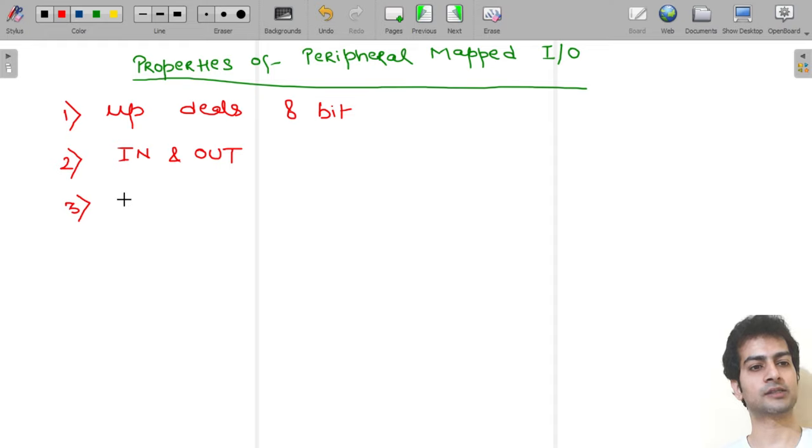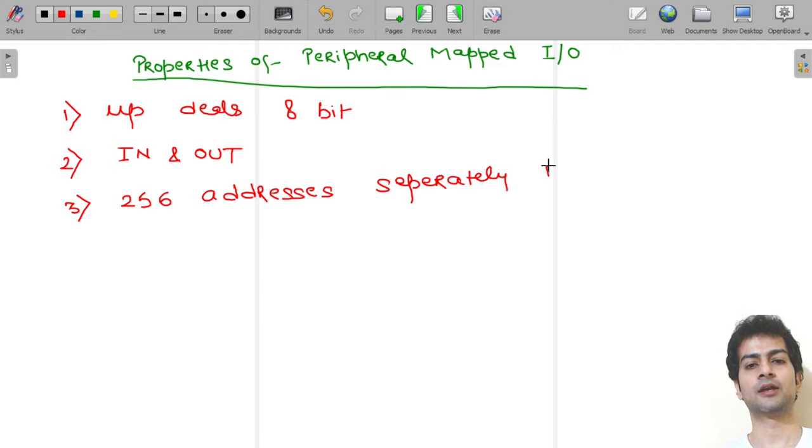The third property is that for peripheral mapped input output, the microprocessor can generate 256 addresses separately for input and output device.